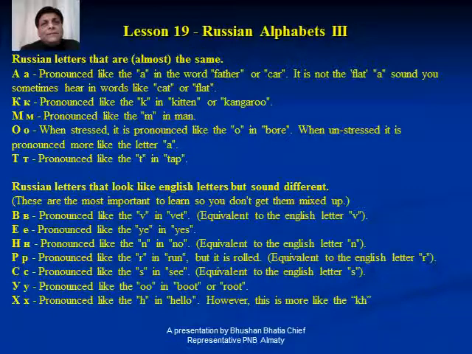So friends, you will see that these are some of the letters which have a different meaning. They look like English letters, but in Russian these letters have different sounds. Then next is a letter which is written like English C. Capital and small both are written like English C, but its sound is S, as in English.